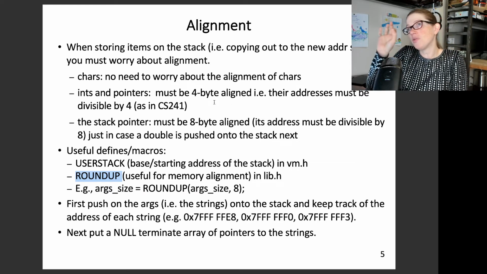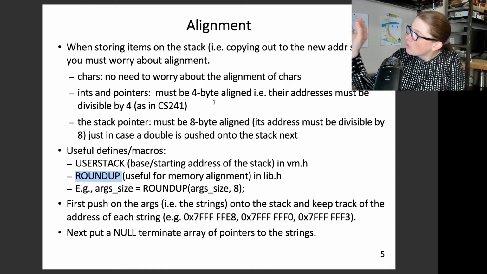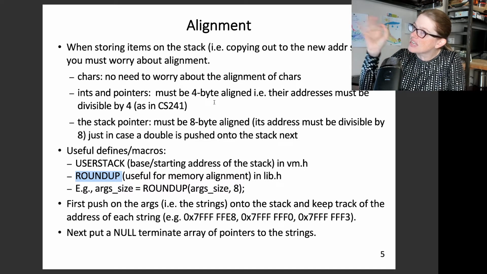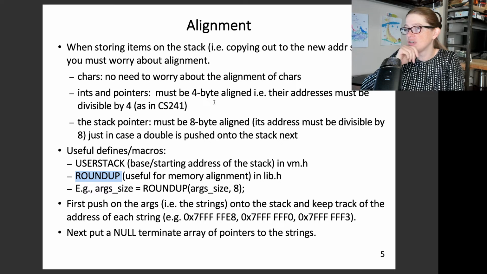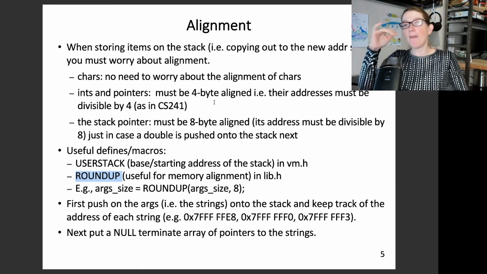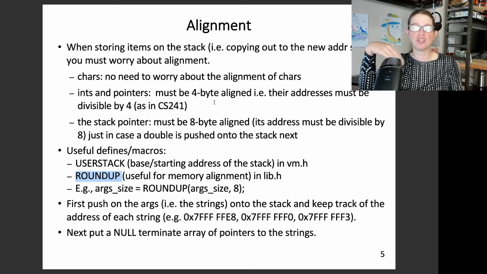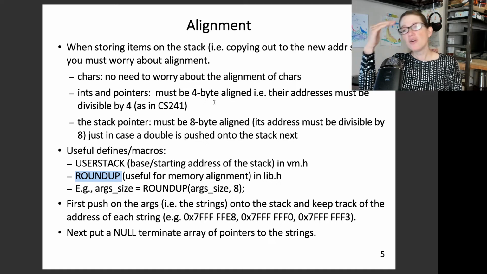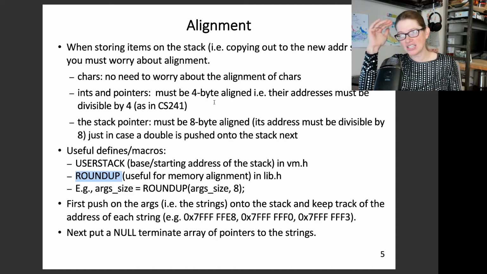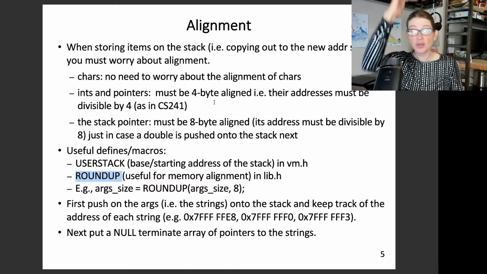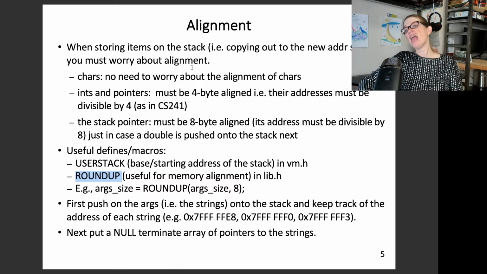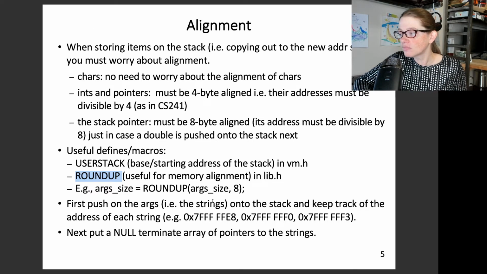After you have pushed all of the strings on, record the address of the first character of each of those strings that you just pushed onto the stack. And then above the strings, you're going to push the addresses of all those strings onto the stack. Those addresses have to be at addresses divisible by 4. And the very last one needs to be null because that's your array of pointers. And then at last you'll push the final bit.